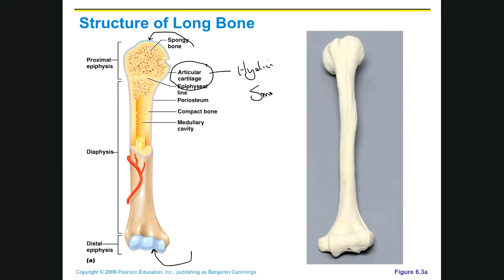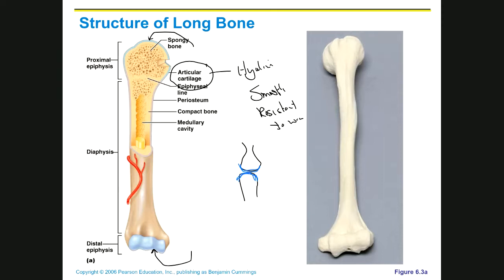Remember, it's also very resistant to wear, so it's very hard to wear down. It keeps the bones from rubbing against each other, because both ends are covered in cartilage, and so it's cartilage that rubs against cartilage.